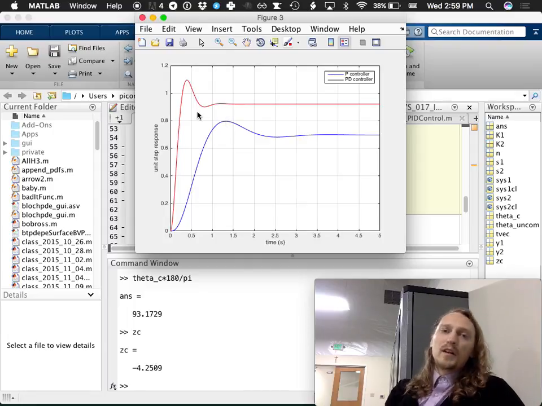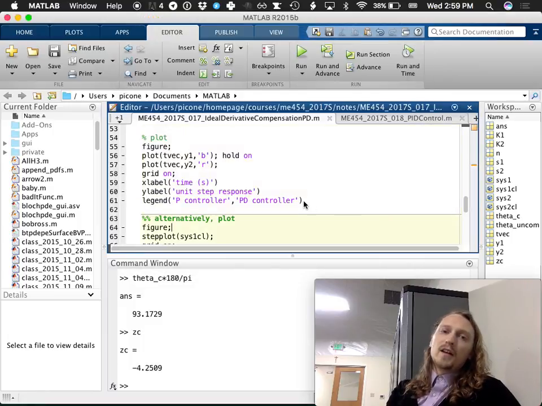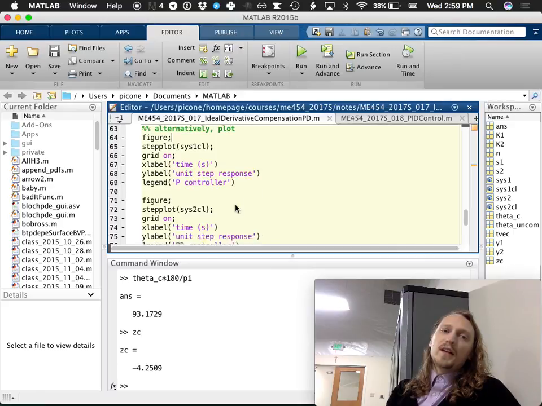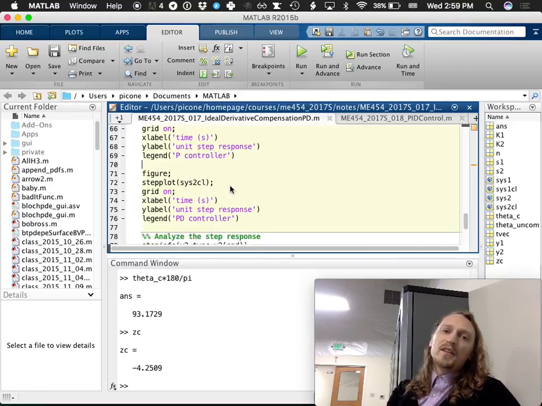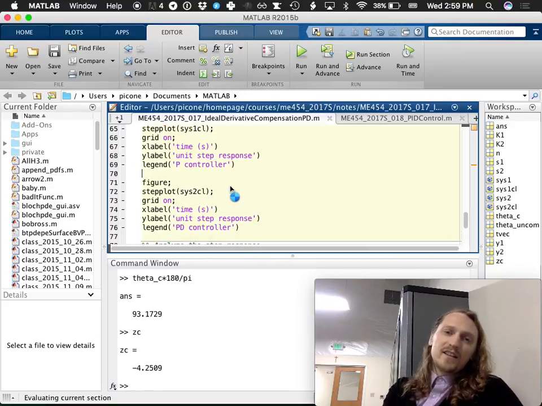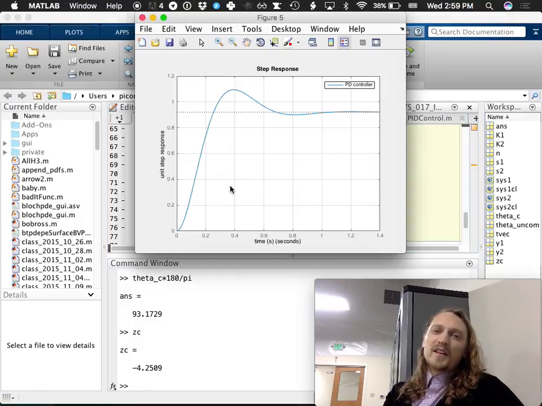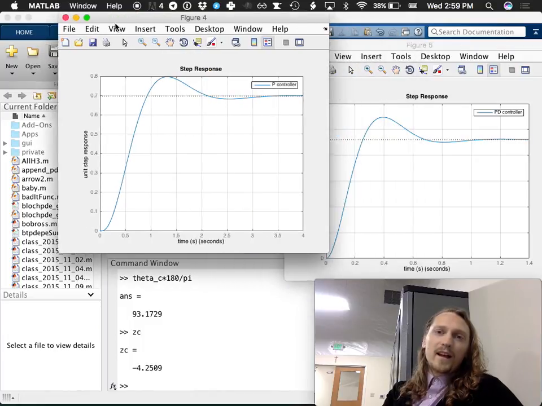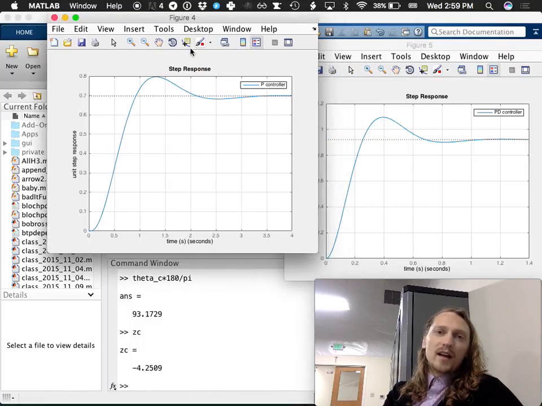Instead of doing that all manually, I recommend using this really nice command called step plot.